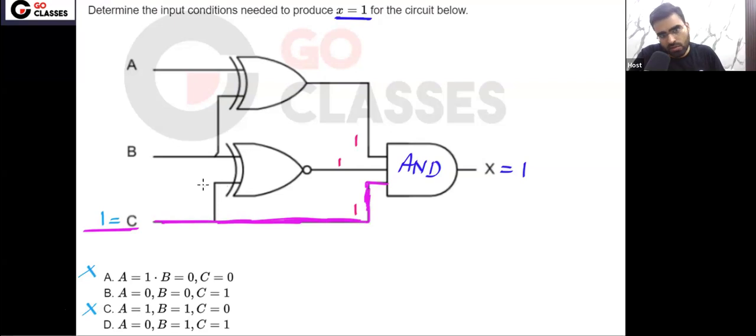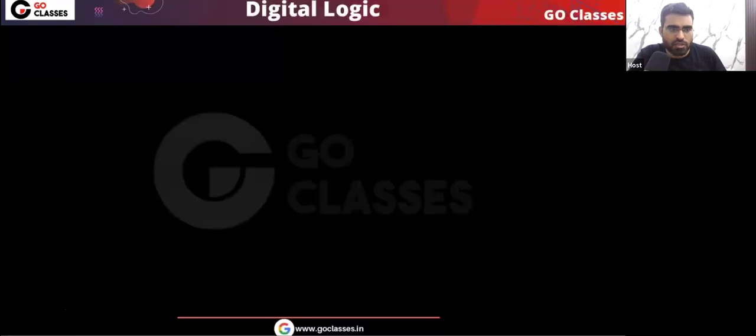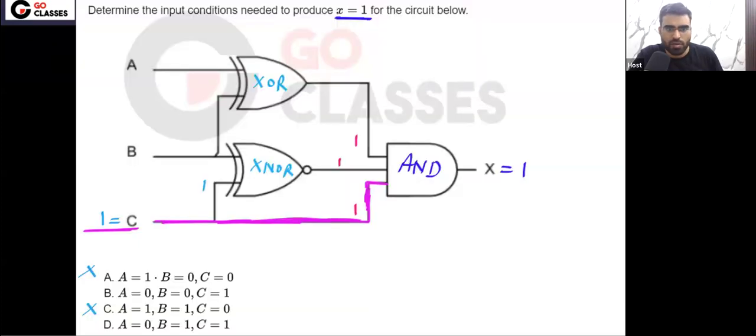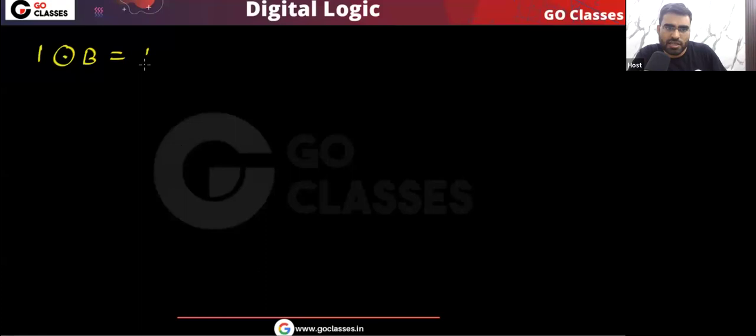Now, this is our XNOR gate, and this is the XOR gate. Now you tell me, what is 1 XNOR B? Or I can say B XNOR 1. Both are same. What will that be?